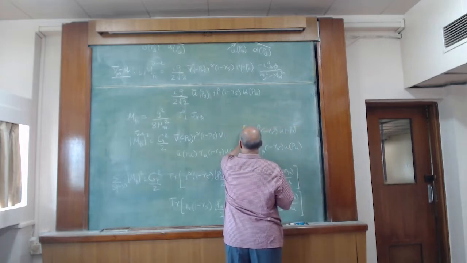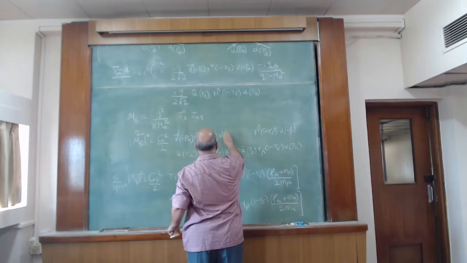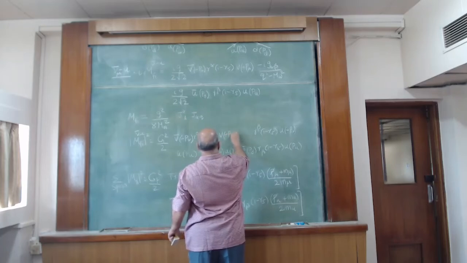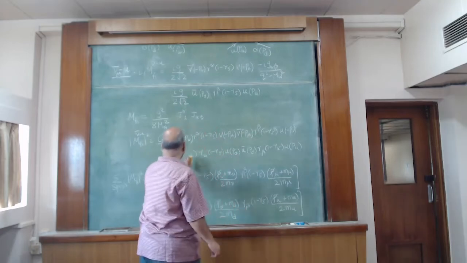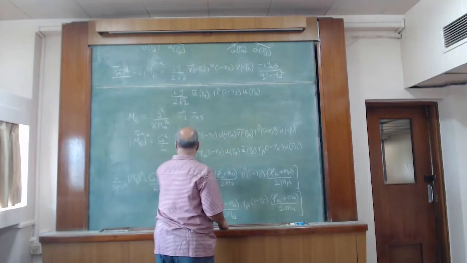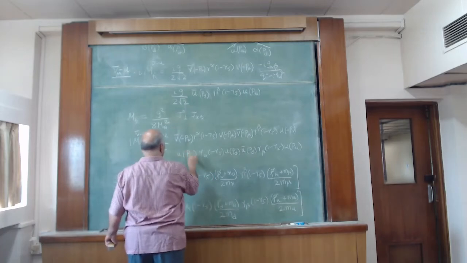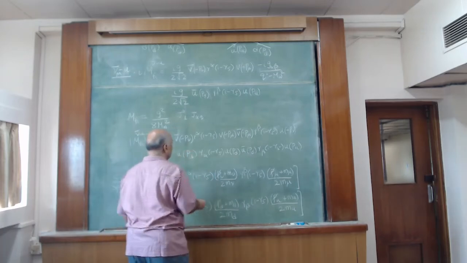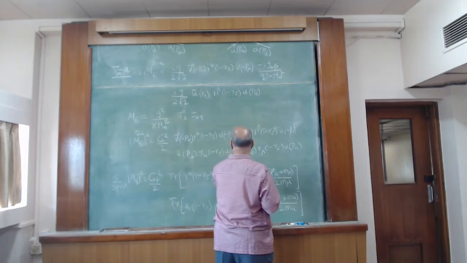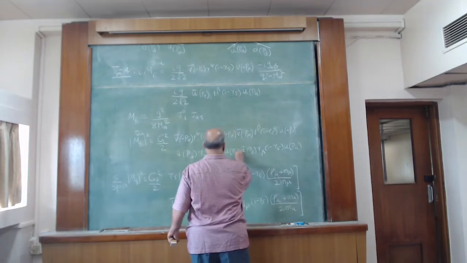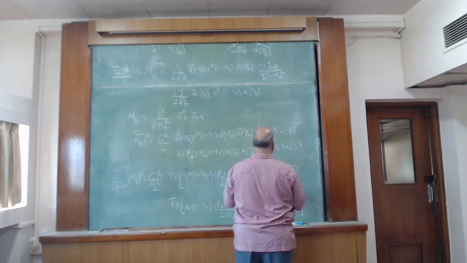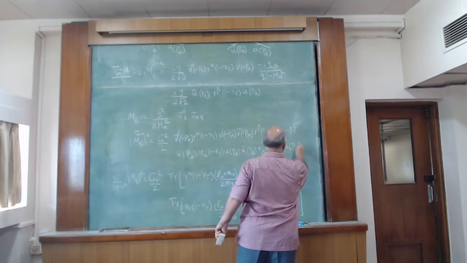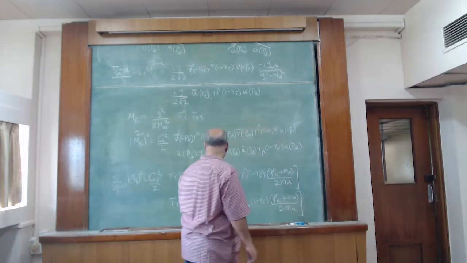This is V bar minus P. Sorry. And this is PU, U bar PD, U PD.